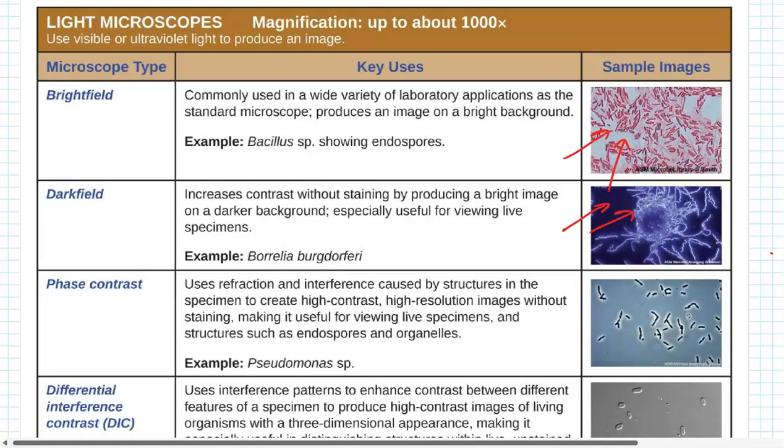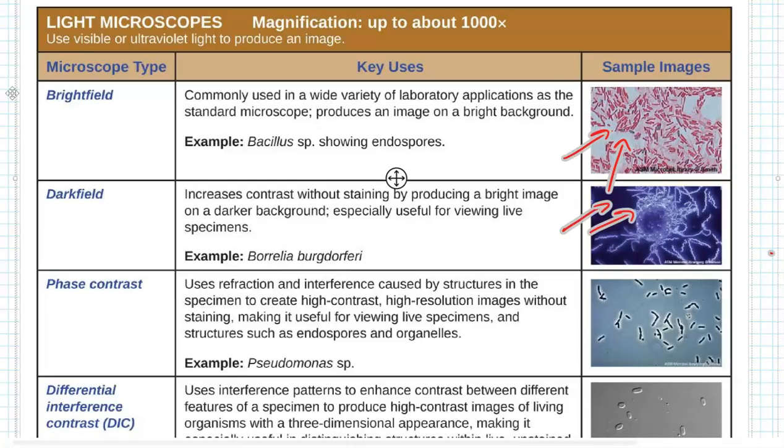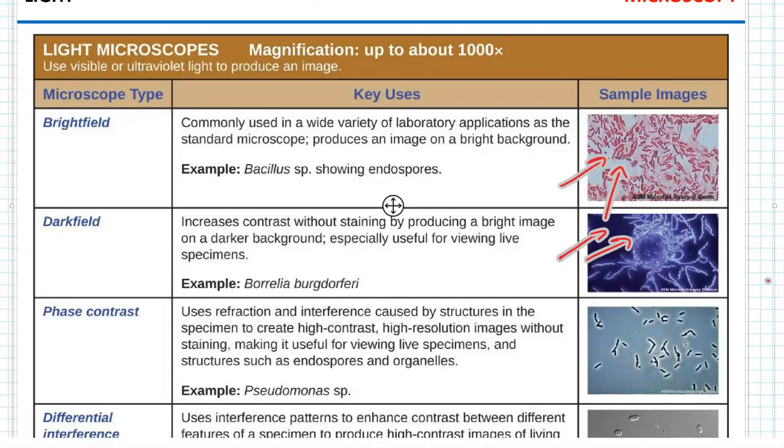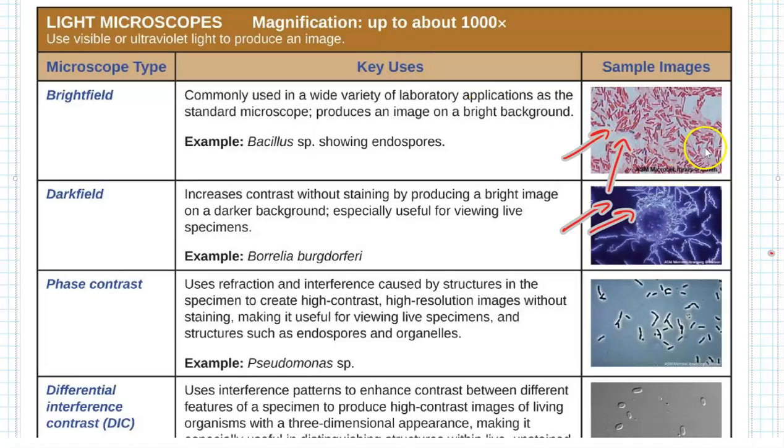This type of microscopy, for example, is used for microorganisms like Borrelia burgdorferi that you can see on this image. Borrelia burgdorferi is one of the spirochetes. They're super thin, and it's really hard to see them using bright field microscopy. So brightly lit cells against the dark background.